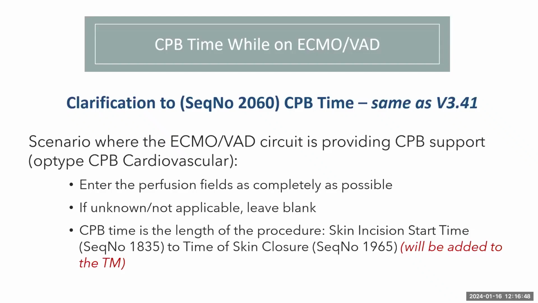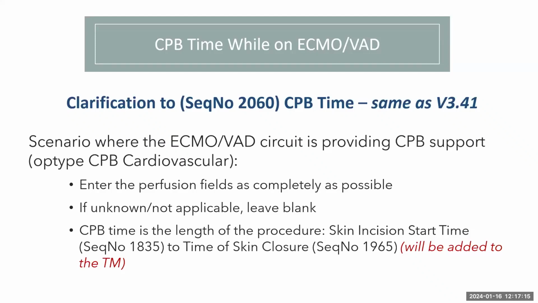Fill out anything that you can, and leave blank things that are unknown or weren't utilized. And of note, and I think this is the confusing point, the CPB time is the length of the procedure. So you're using skin incision start time, which is sequence 1835, to your time of skin closure, which is sequence 1965. And this will be added to the training manual that will get posted in February.